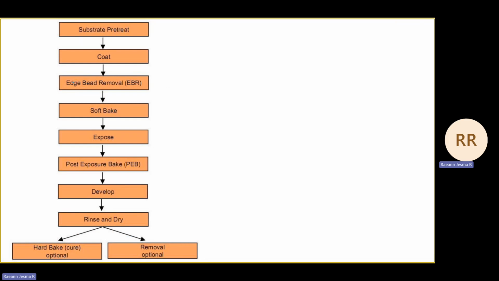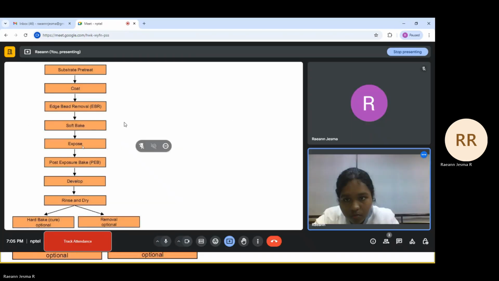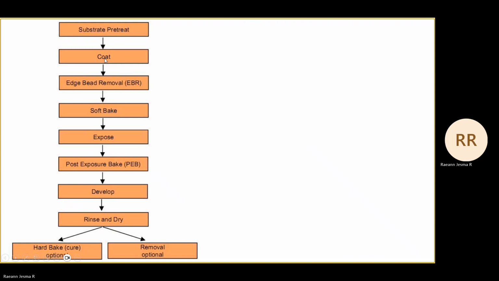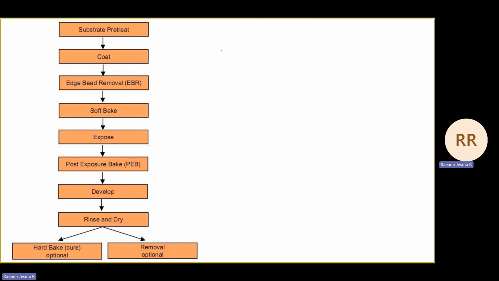So here you can see various steps that are used for a negative photoresist. So first we will do substrate pretreatment, which means it is a cleaning step, plus dehydration.